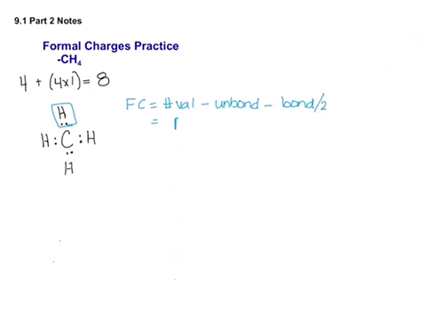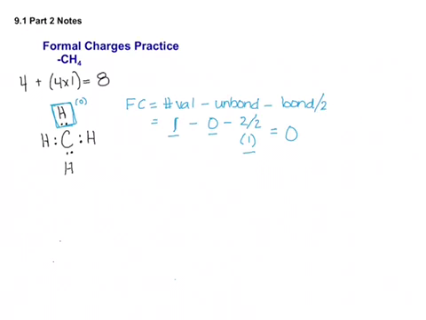It's in that first family, so it's got 1, minus, in this particular diagram, it has 0 unbonded pairs. And we have 2 bonded electrons, but divide that by 2, so that gives us 1. So 1 minus 0 minus 1 equals 0. So we can write the formal charge in little parentheses by that hydrogen.